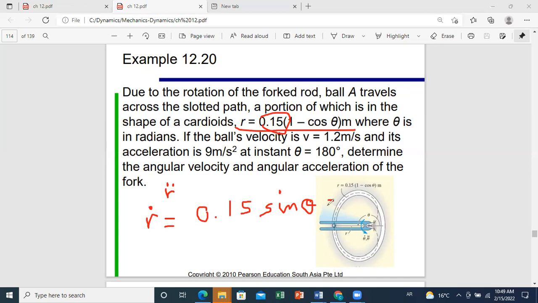Now, to get r dot dot, you will derive this relation. You have the product of two functions, u times v. So all you have to do is 0.15, which is a constant, times u times v. When you derive the first function, you do the chain rule.